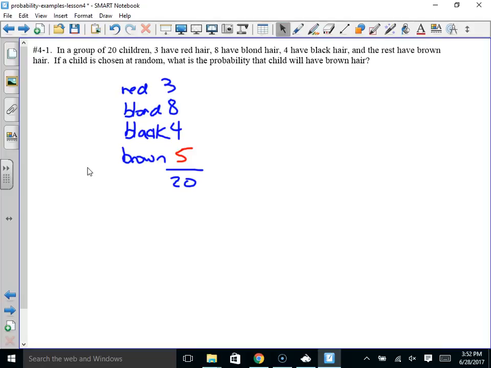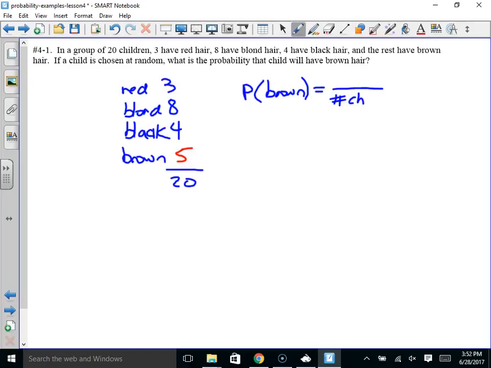Okay, so what's the probability that a child will have brown hair? Well, if I chose a child at random, then every child is equally likely to be chosen, and that means we can use our equally likely way to find this. It would be the number of children that specifically have brown hair, over the number of ways to choose the child.